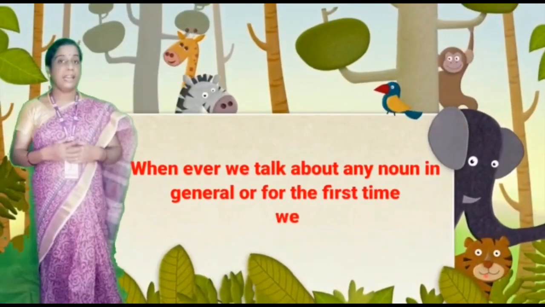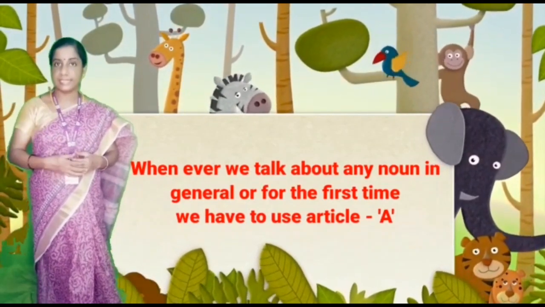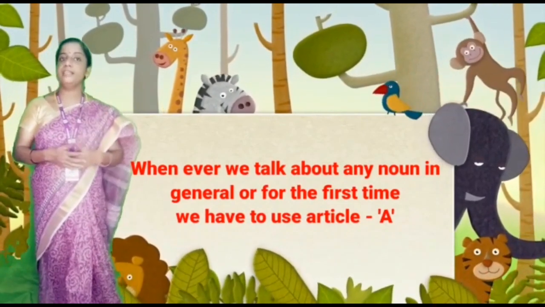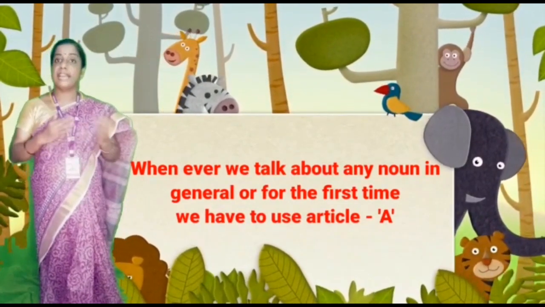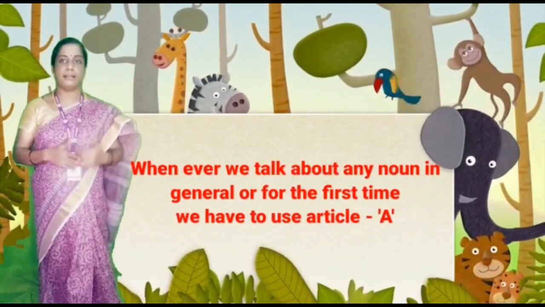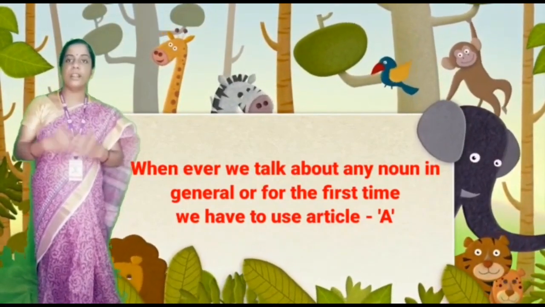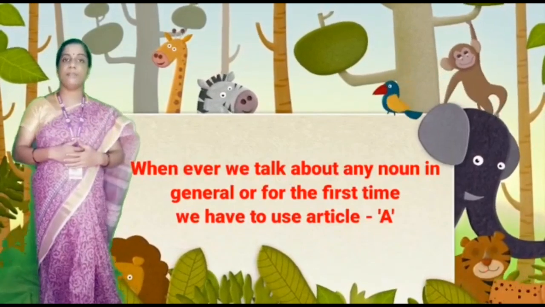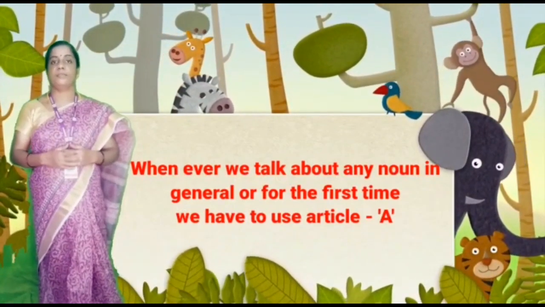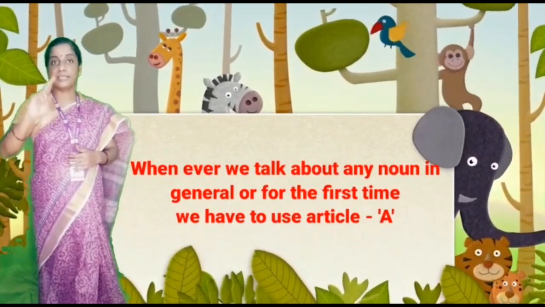Children, now we have to know the rules to use the article a. Whenever we talk about any noun in general, that is the time we place an article a. And when we talk about any particular noun for the first time, that is also the time we write a. So there are two rules to use this article a.